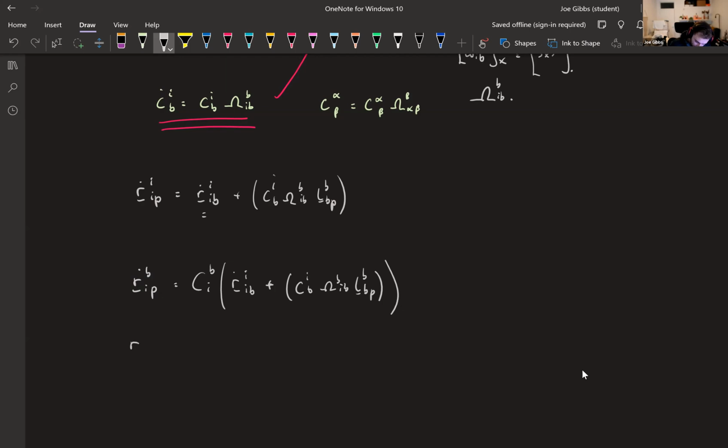Now I'll expand that out. So we get CIB. You can see the bit where I got ahead of myself just then. We have CBI, CB.